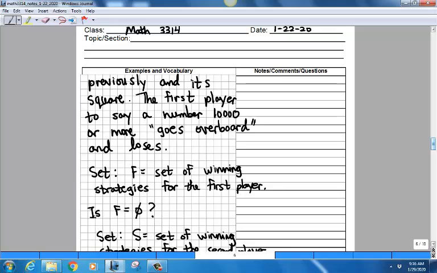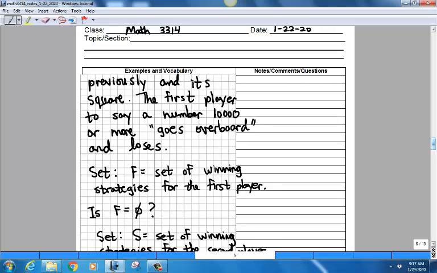So between 2 and 4, and then between 4 and 9. It's between the number that was previously said and its square. Three is the only valid choice, so it'd be between 3 and 9 then. Well, let's play with these rules and see what happens.